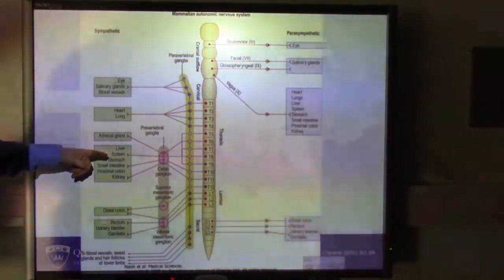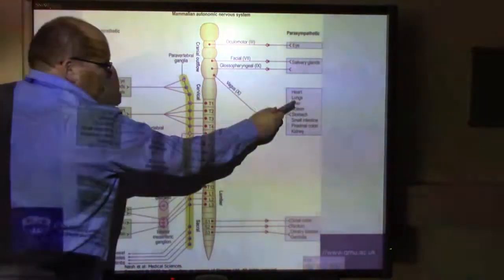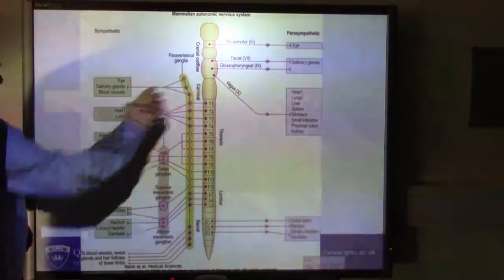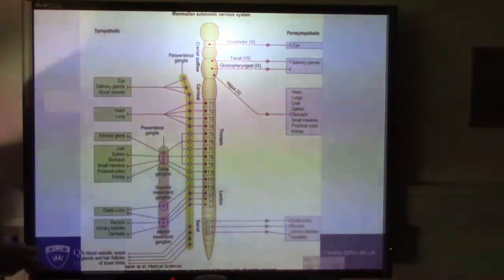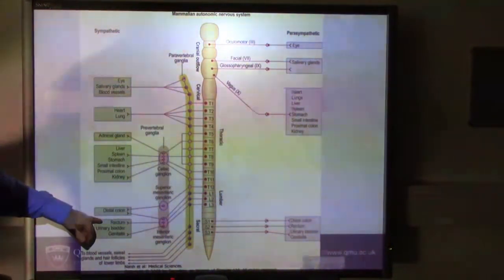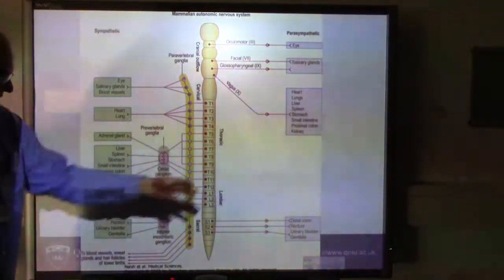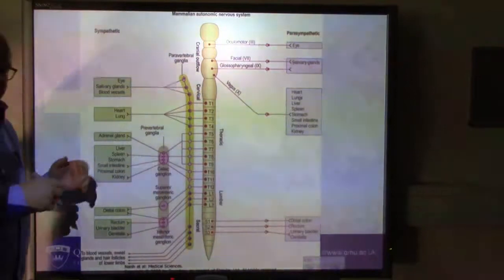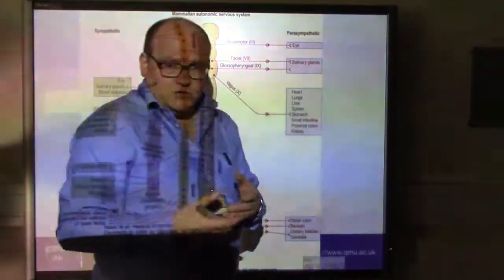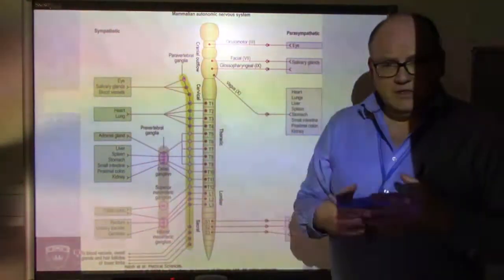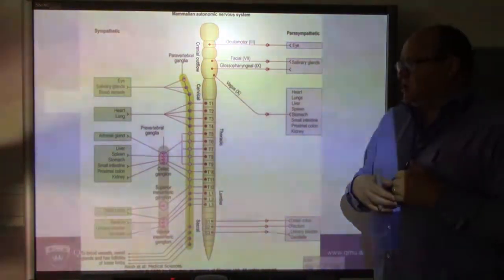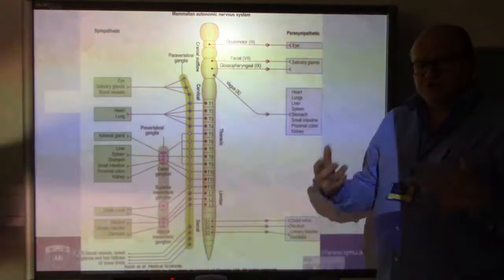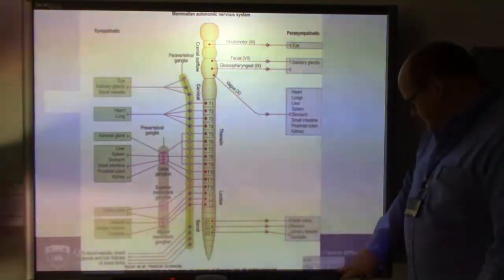The same goes for the liver, spleen, stomach, intestine, colon, kidney, rectum, bladder, genitalia. So that's clear evidence of that concept of dual innervation, with sympathetic causing the system to do one thing and parasympathetic causing it to do the opposite.